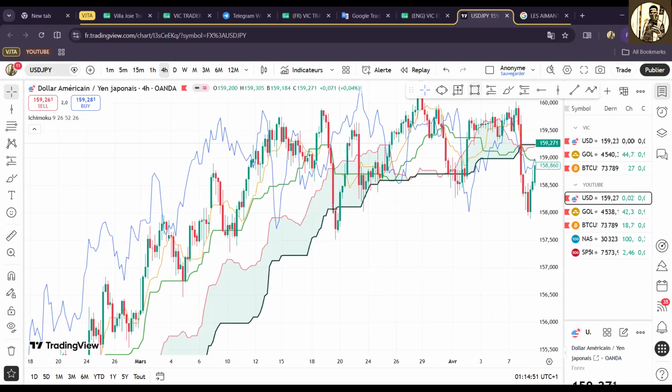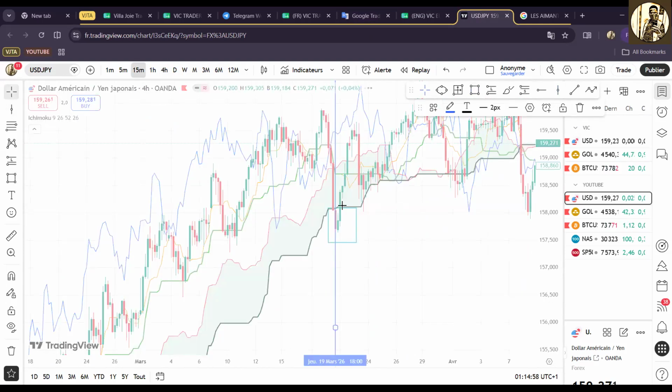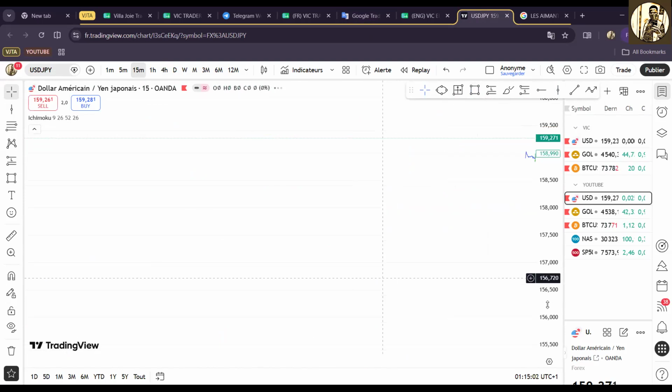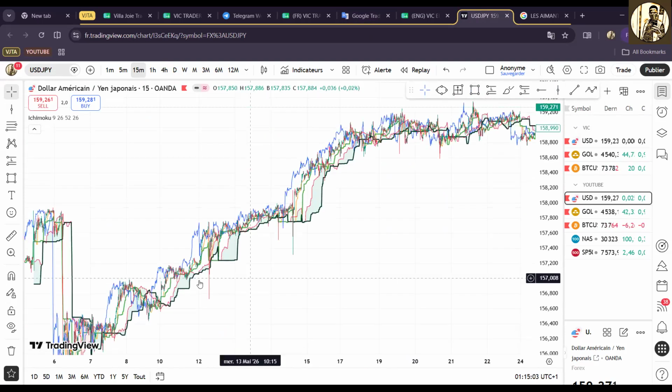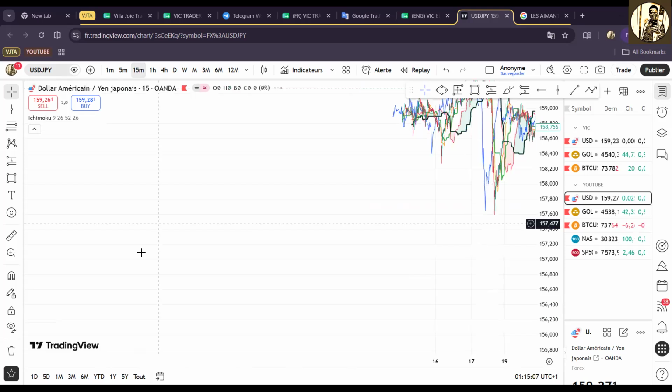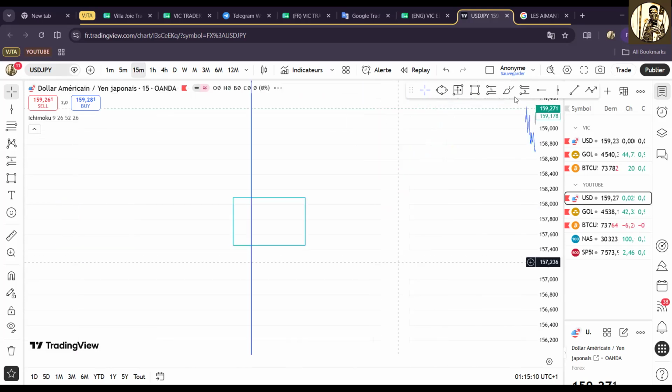Let's look at, for example, this SSB. So, for the Vegeta Ishimoku cycle, you need to use the technique of TS2. Like you go on 4 hour.